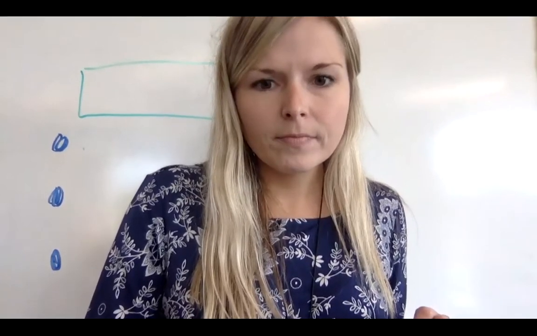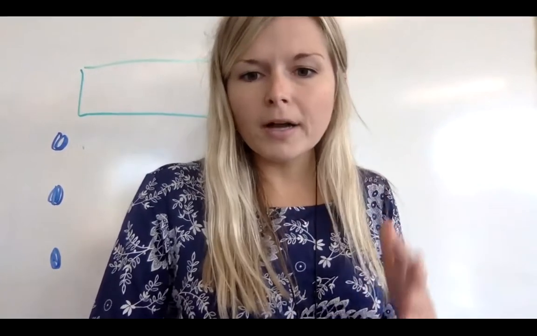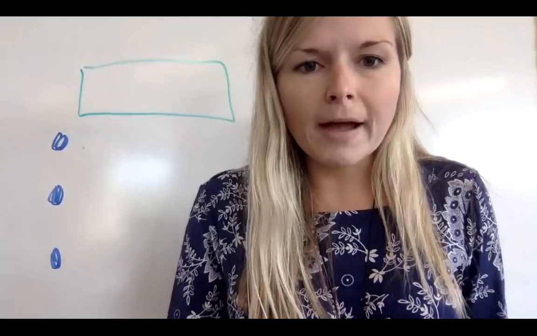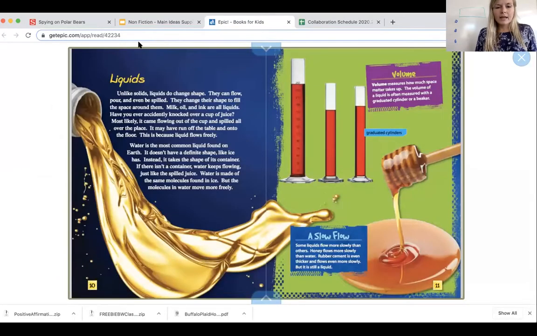Okay. So we know that the book that this is from is all about changing matter. Liquids. Unlike solids, liquids do change shape. So I'm already thinking that this might be about how liquids change. They can flow, pour, and even be spilled.